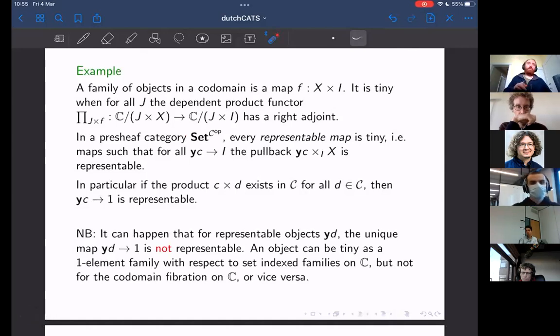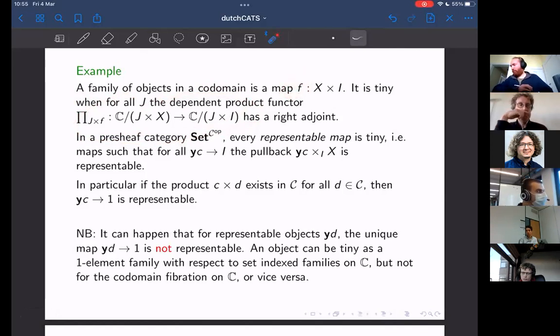Okay. In over codomain fibrations, it's a different story. In this case, we can phrase it using dependent products. So this dependent product functor between size categories has a right adjoint; this is what it means for a map to be tiny.